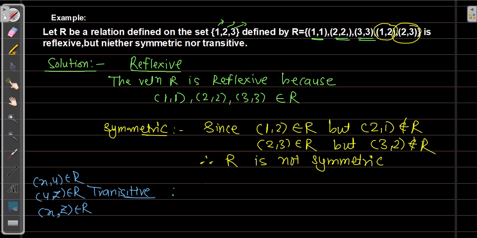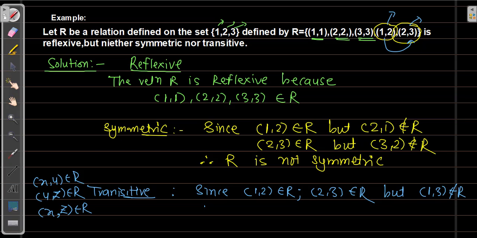Now here, ordered pair (1, 2) is there, 1 is related to 2, again 2 is related to 3, but 1 is not related to 3, because such an ordered pair is not given in the relation R. Since (1, 2) belongs to relation R, and (2, 3) belongs to R, but the ordered pair (1, 3) does not belong to R. Therefore our relation R is not transitive.